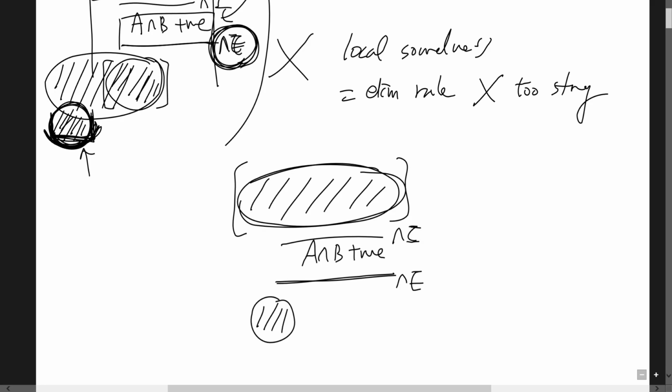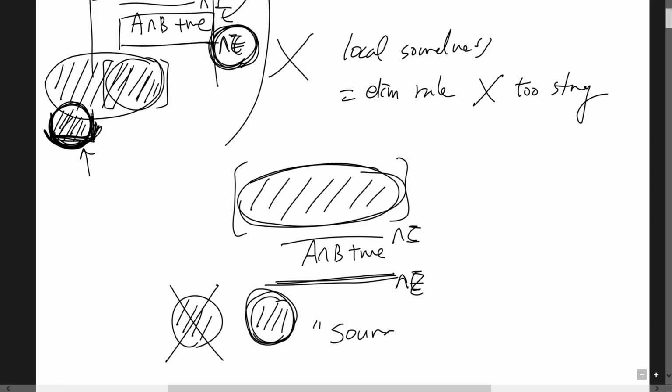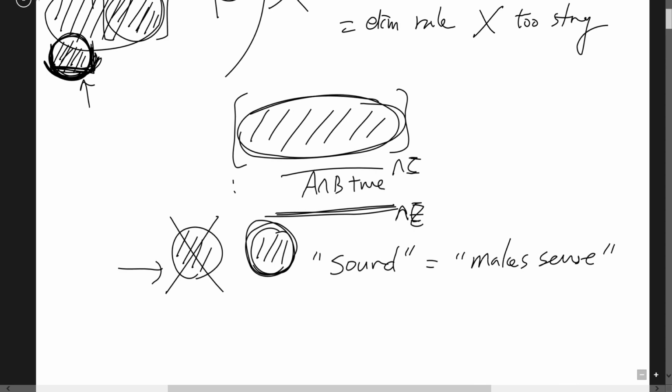You never generate something completely new. So intuitively, this new judgment generated by this elimination rule is sound, or it makes sense. On the other hand, this new knowledge that lies outside of the original knowledge would be unsound, or does not make sense.